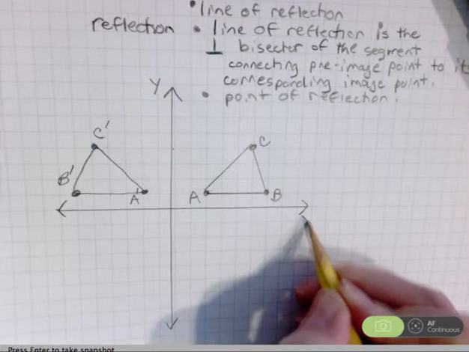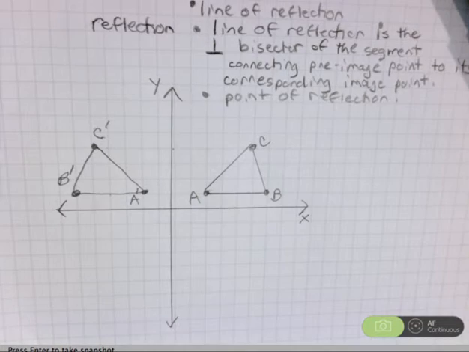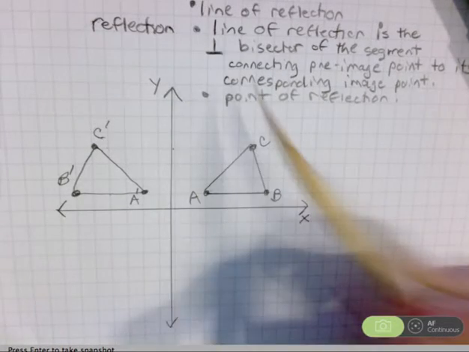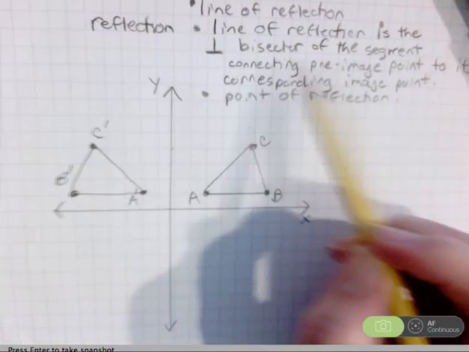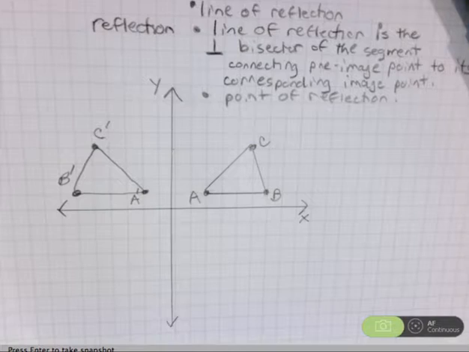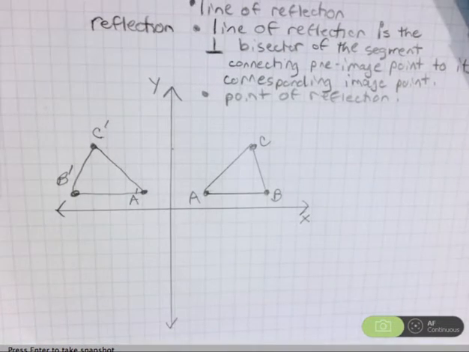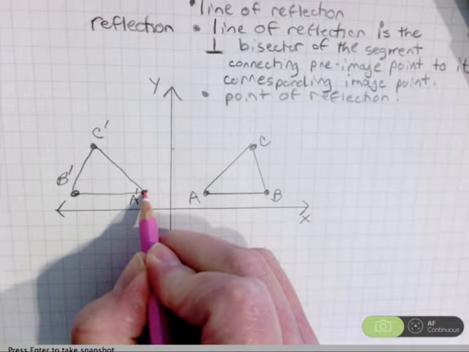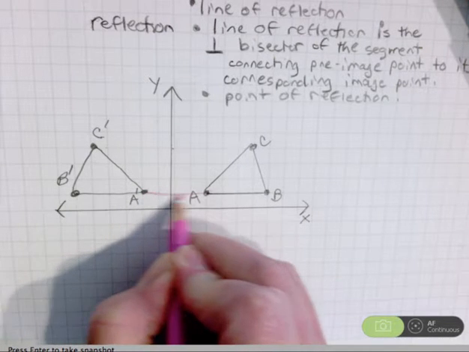We can also reflect this across the x-axis in the same manner. And now I want to talk about the second property. The line of reflection is the perpendicular bisector of the segment connecting the preimage point to its corresponding image point. So let's look at points A and A prime, for example, and let's draw a straight line segment from A to A prime.